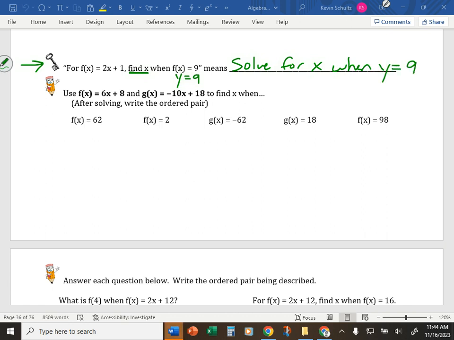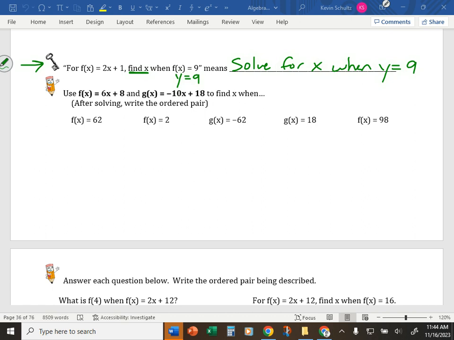Do you see the difference between the two things? When I give you x, it's just f of a number because we're replacing x with something. When I give you y and tell you to find x, when y equals 9, x is not replaced with anything. That's what you want to find.